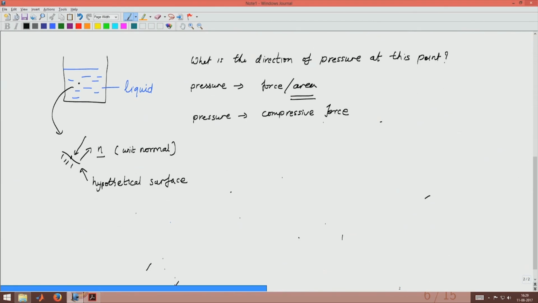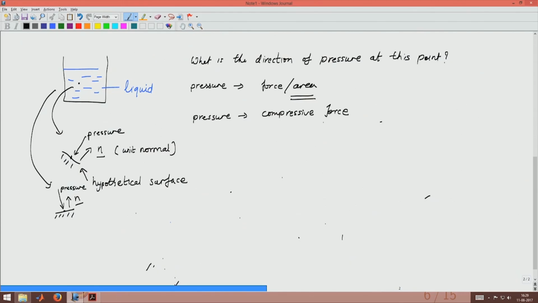Now, at the same point, if I draw another hypothetical surface whose unit normal is of course different, again the pressure on that point will be opposite to the unit normal vector. So, this is also pressure.